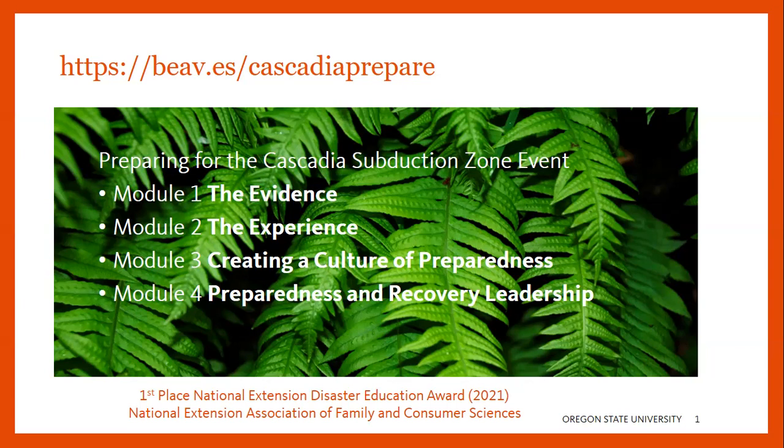As a result of viewing the first 3 modules, a survey of those who piloted the course shows that 90% of respondents gained knowledge that helps them understand the probability and effects of the Cascadia Subduction Zone Event. And 95% said they gained knowledge that helps them prepare for the earthquake and helped them advance their disaster preparations. Every respondent said they plan to recommend the course to others.